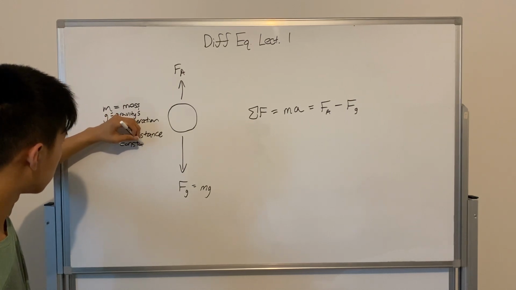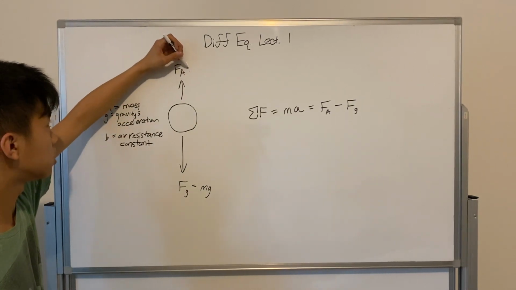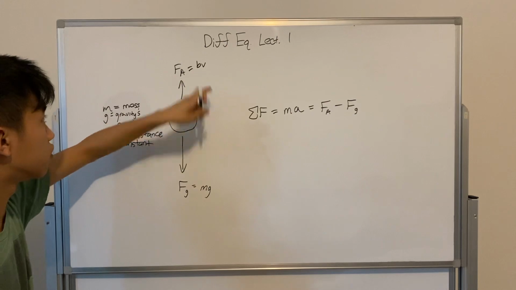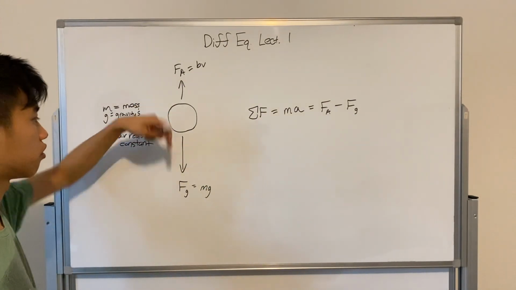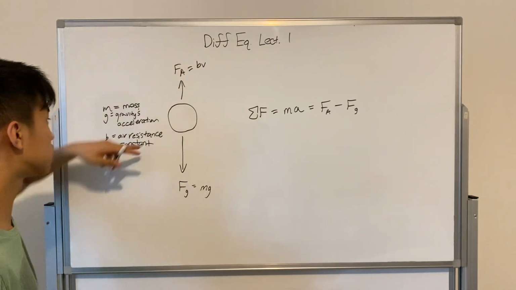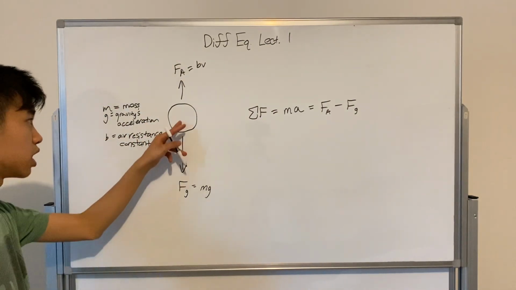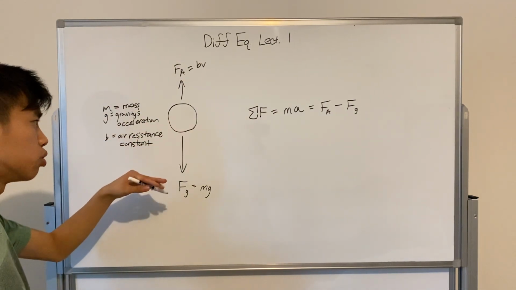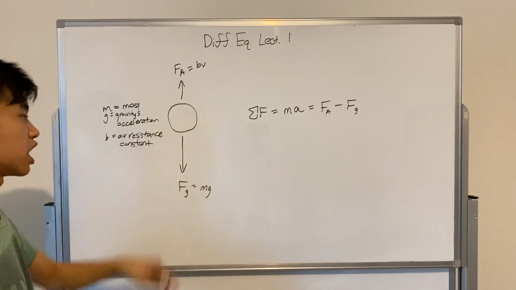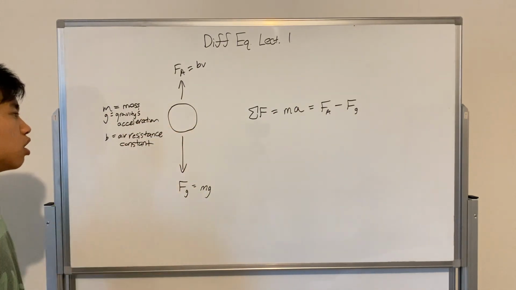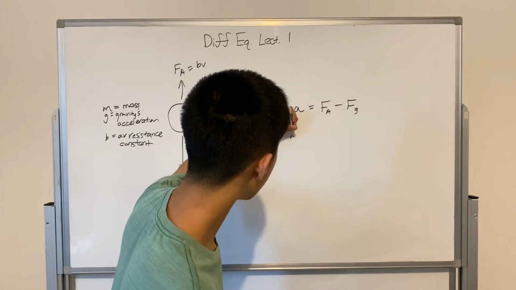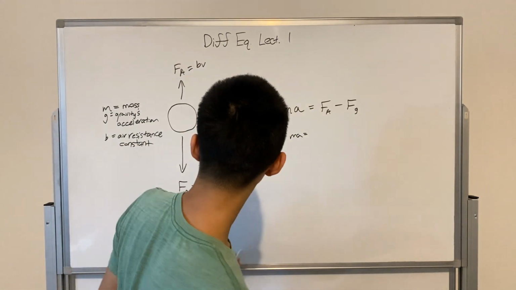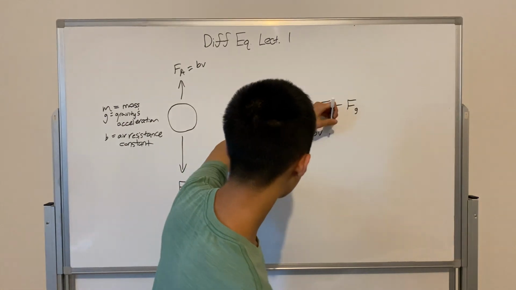And we know Fa is equal to bv, where v is the velocity of the ball going downwards, and b is the air resistance constant that depends on the medium it's traveling through, the shape, size, mass, everything about the ball. So we can rewrite this as ma equals bv minus mg.